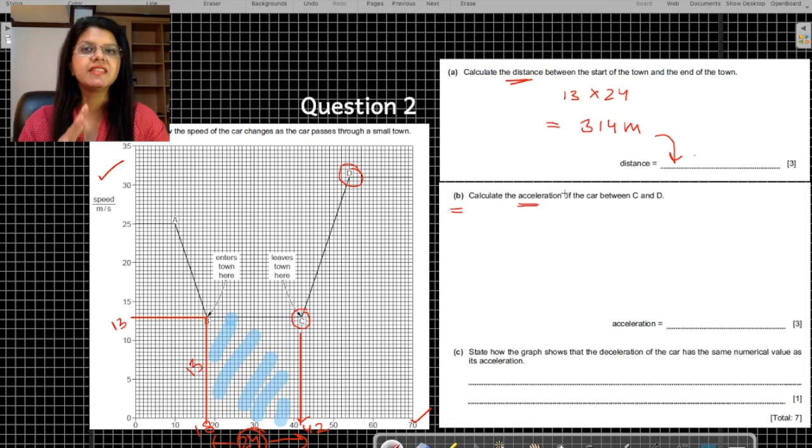It is the gradient of the curve. Right? What kind of a graph is it? It is a straight line graph. So all you have to do is to find the gradient of this line. Gradient of CD is your acceleration.